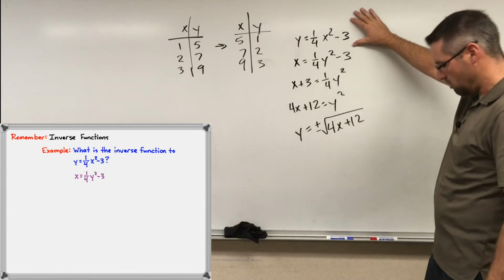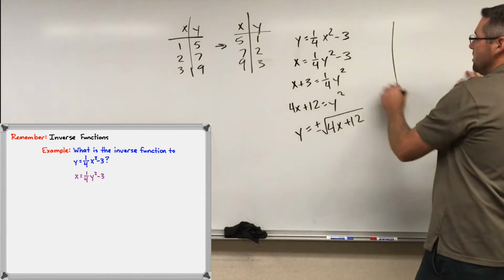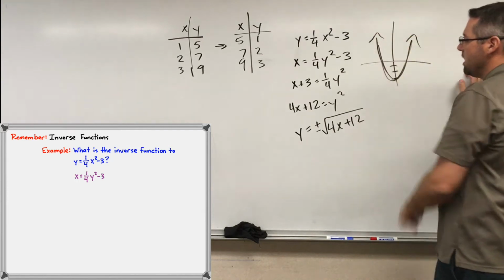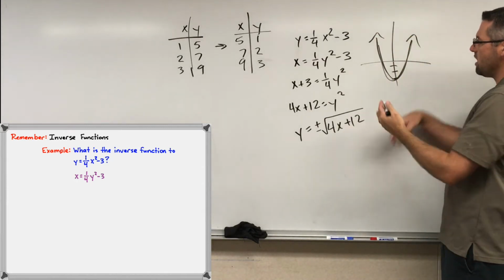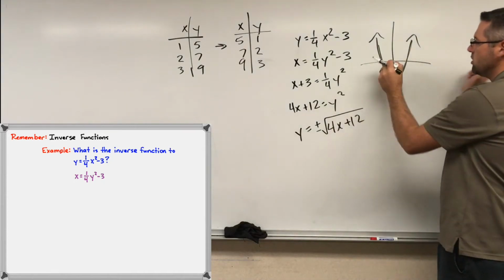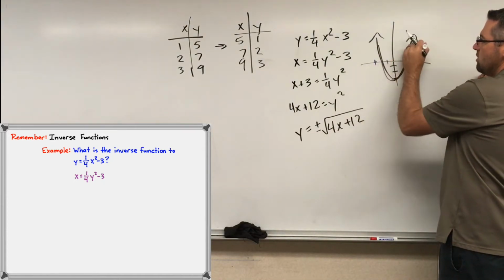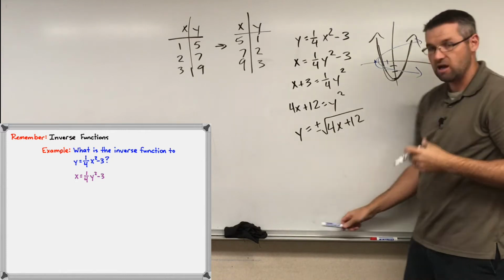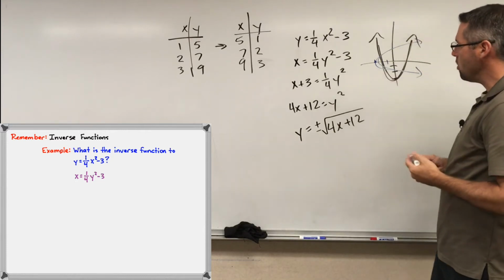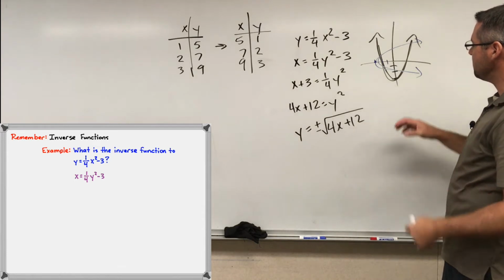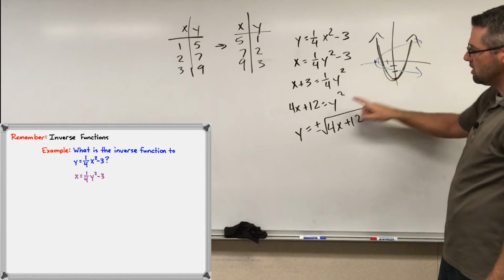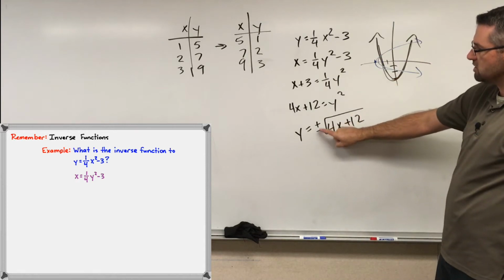So this is a parabola that shifted down 3, and the inverse of it is not a function. For the inverse, we would go back 3, and then we would have a parabola here. Now, we are concerned with functions, so we would have to identify whether we're talking about the top half or the bottom half of this parabola, depending on whether this is positive or negative.